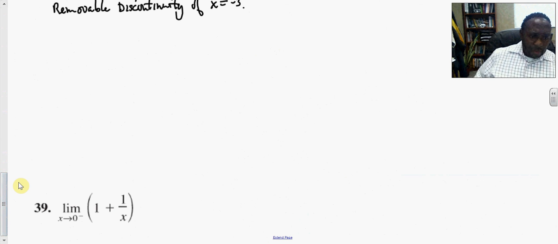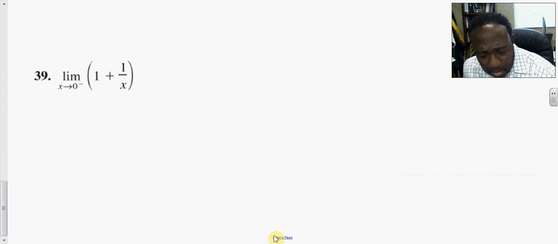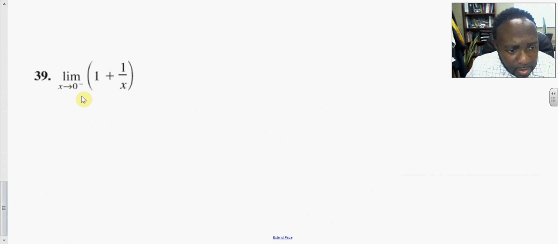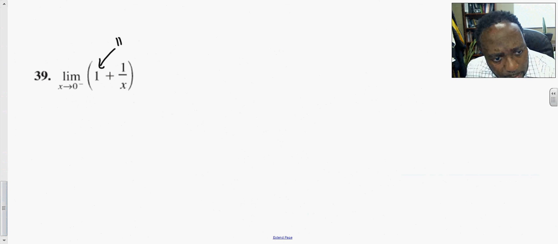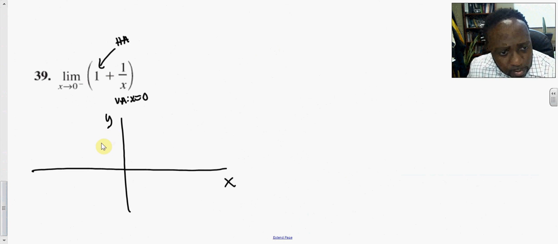Now consider the limit of 1 plus 1 over x as x approaches 0 from the left. The horizontal asymptote is 1. The vertical asymptote is x equal to 0. So the horizontal asymptote is y equal to 1.